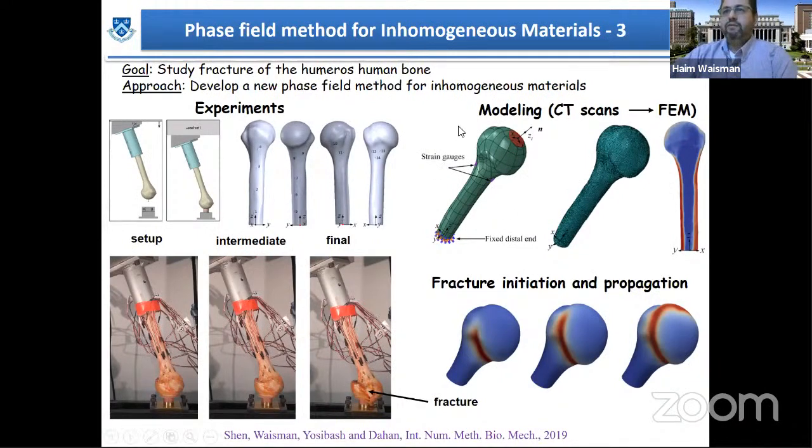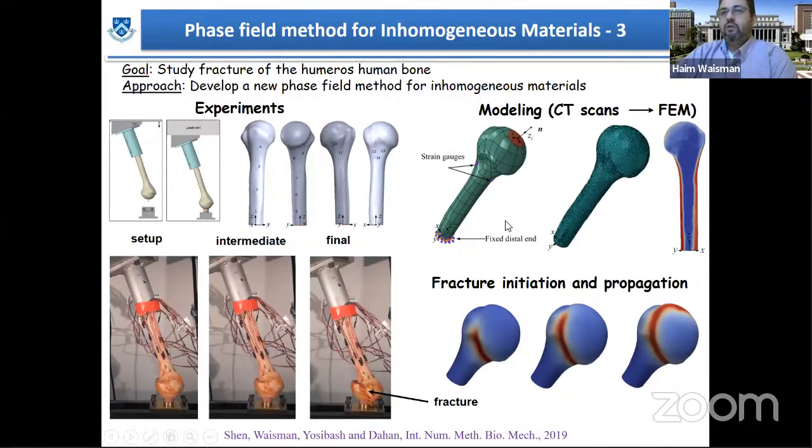So from this, we have to use CT scan to model the bone, then translate that to finite element with some empirical laws that would take, let's say, the CT scan tomography and translate it into Young's modulus and elasticity.